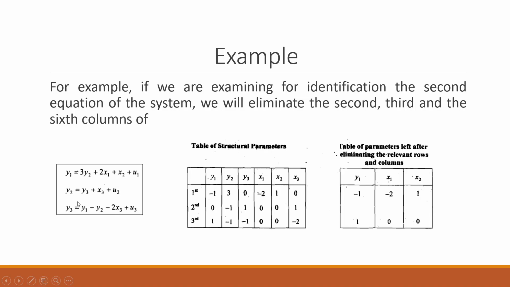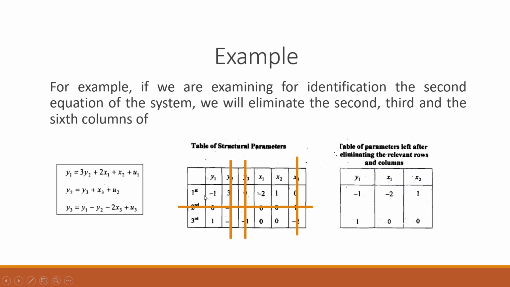Now we want to establish the rank condition for the second equation. So first of all, we will delete the second equation. At the same time, y2 will be deleted from the column also, row and column both. Now we will have to see which variables are included in the second equation. So y3 and x3 are included and therefore we will have to delete those also.